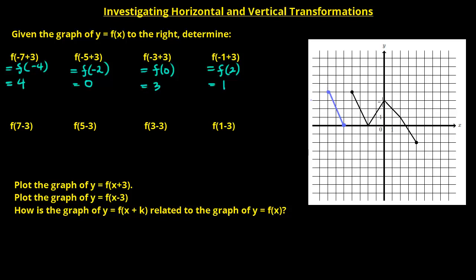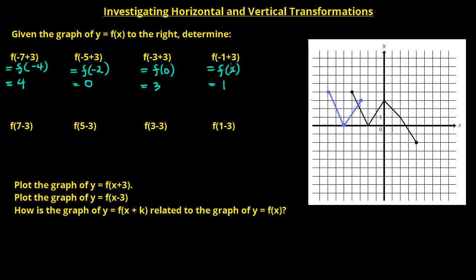Now let's think about what happens with this point. Well, I get f of 0 when x is negative 3. So f of 0 is positive 3, but I now get it when x is negative 3. So this point gets translated 3 units to the left as well. The same thing for f of 2.